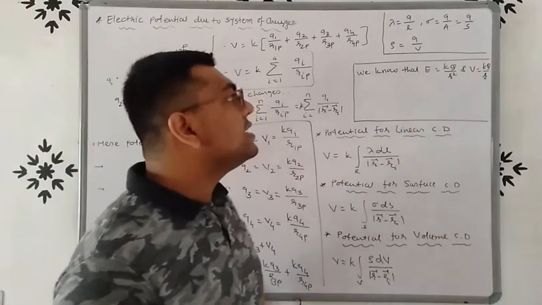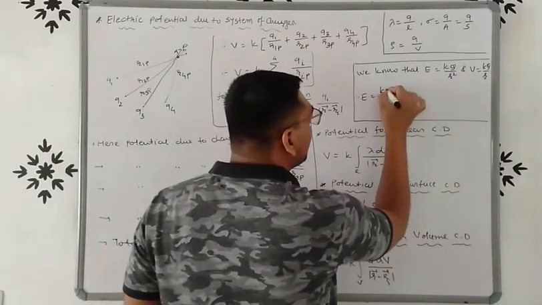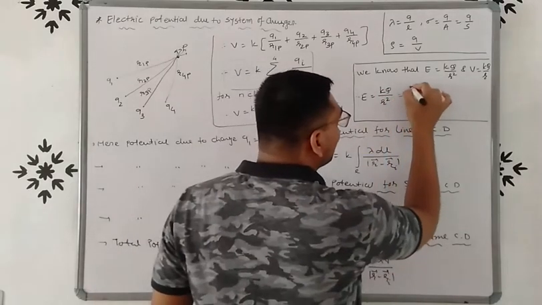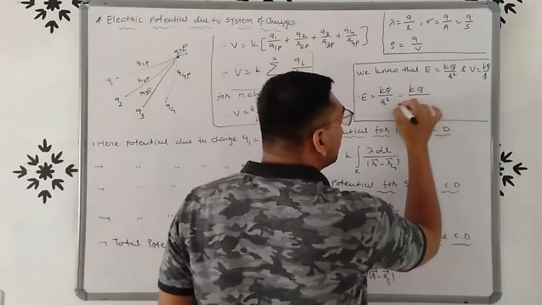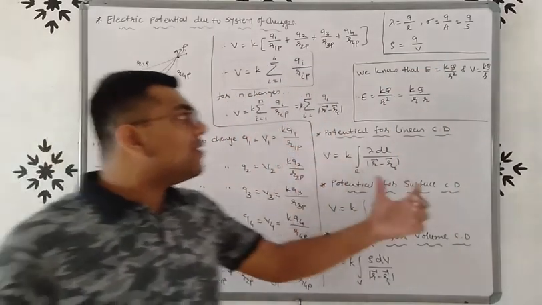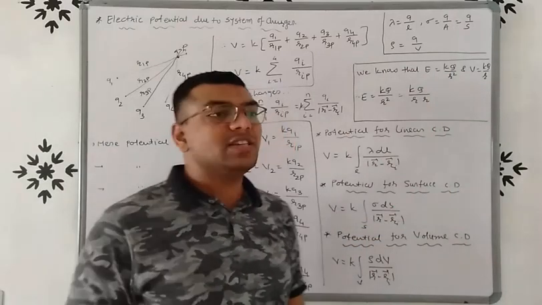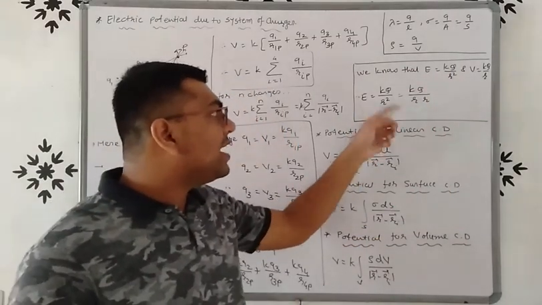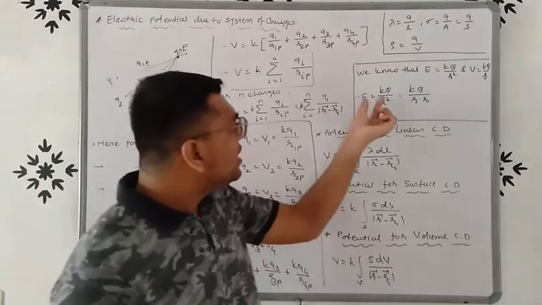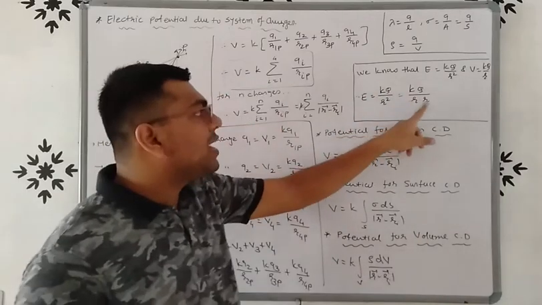To derive the formula, see, electric field E is equal to kq by r square. Here, instead of r square we can also write r into r, so kq upon r into r.